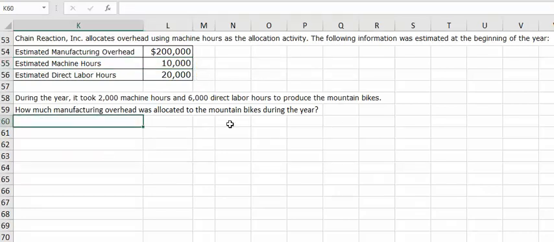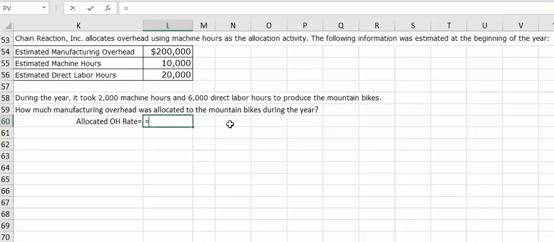At the beginning of the year, they come up with their allocated overhead rate. And that's going to equal, in this example, your total estimated overhead related to making the bikes, and then they're going to use the total machine hours as the denominator.